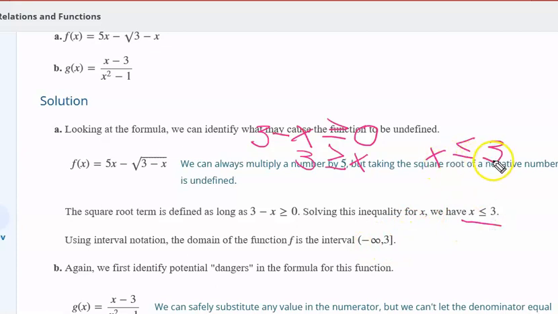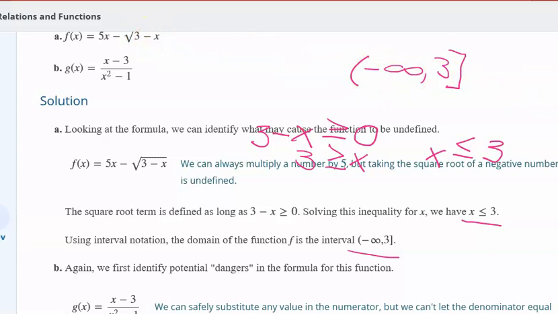This is the algebraic notation. In interval notation, it's going to be from negative infinity to 3 with a bracket, and that's what they're showing. And you might say, how could you have all these negative values here? Well, because x is negative. So when you take the opposite of a negative, it makes that positive. So all of these eventually become positive under the radical sign.